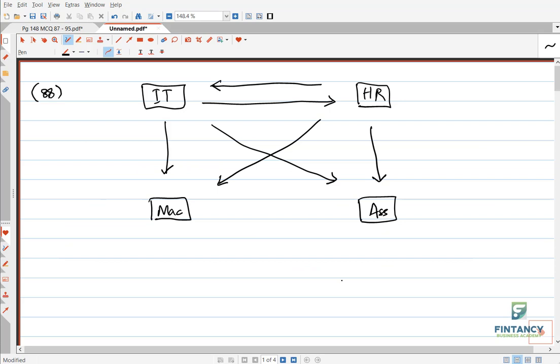So shall I start with IT department or shall I start with personnel department? This is my question. Assuming we are using step down method. Because in step down method, we will not go back to that department. Very nice. Excellent. I hope you people got the point.